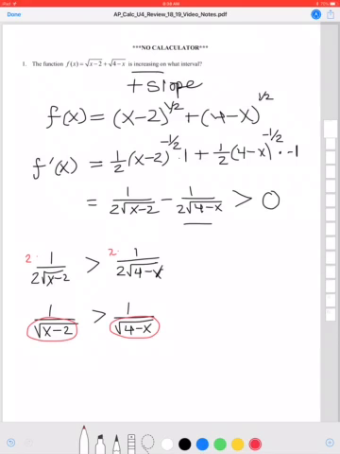If the denominator is smaller, you're going to get a bigger value, because 1/2 is bigger than 1/4. Okay? So we want the square root of x minus 2 to be less than the square root of 4 minus x.